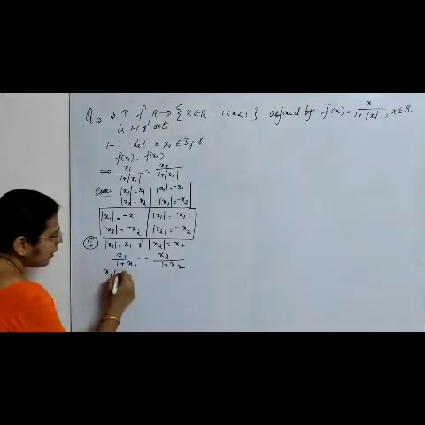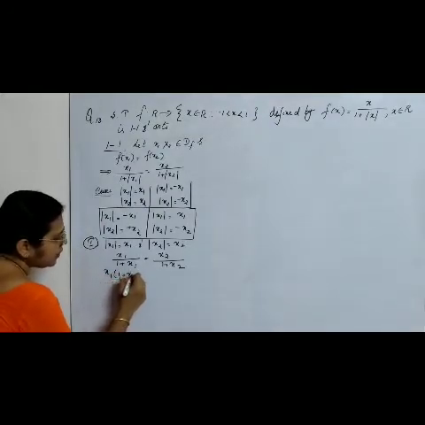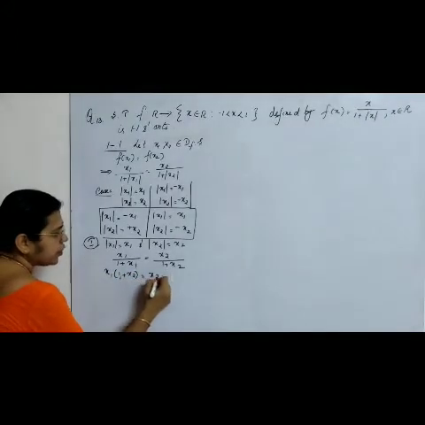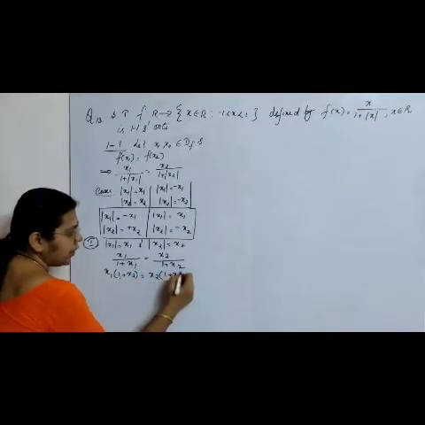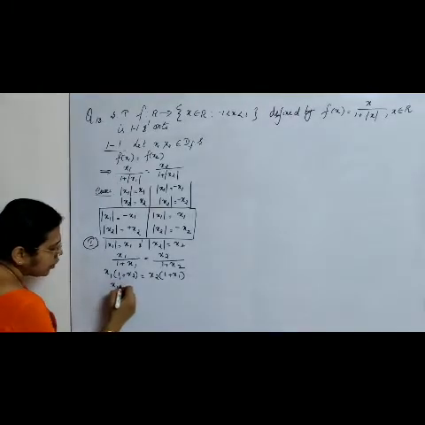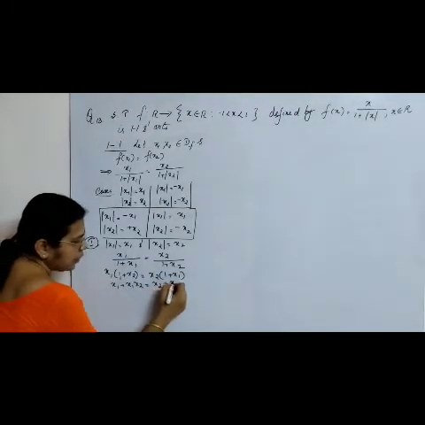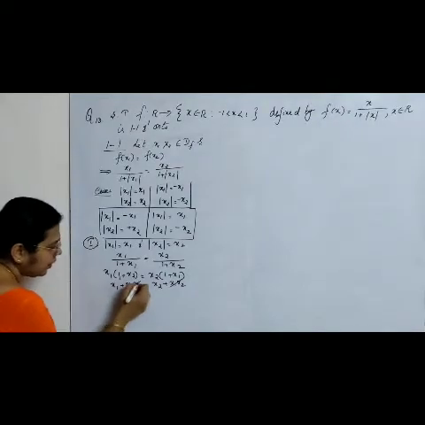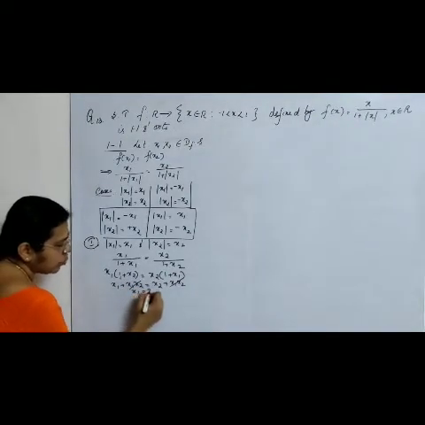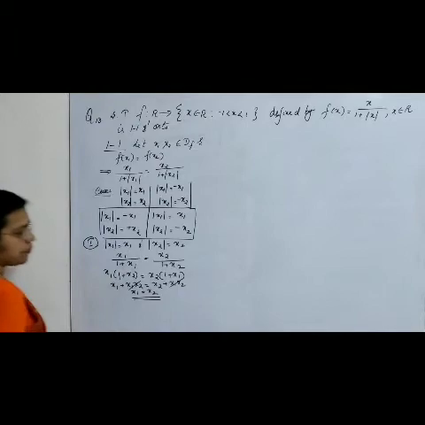Now cross multiplying, x1 into 1 plus x2 is equal to x2 into 1 plus x1. When you remove the brackets, x1 plus x1 x2 is equal to x2 plus x1 x2. So what happens here? x1 x2 cancels, x1 equals x2.